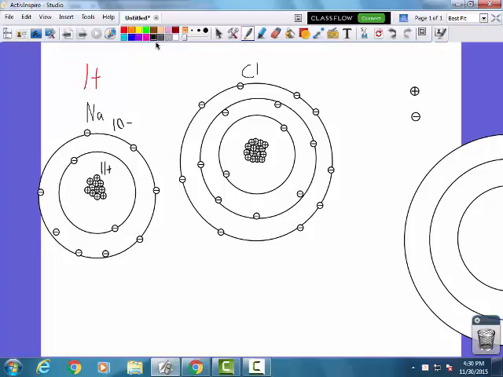The same thing happens with chlorine, just the opposite effect. Chlorine, if you count them up, still has its 17 protons in the core, but now it's got 18 electrons whizzing around it, which gives it an overall charge of 1 minus.